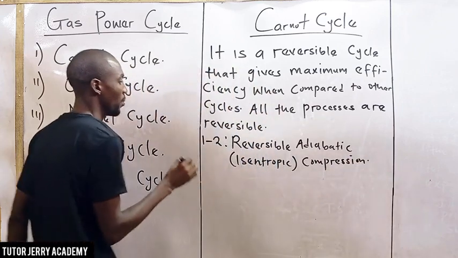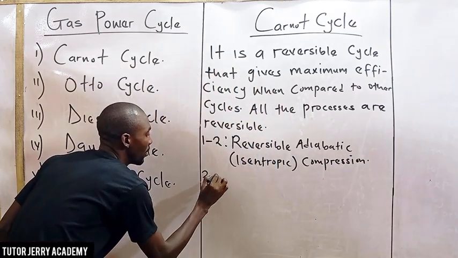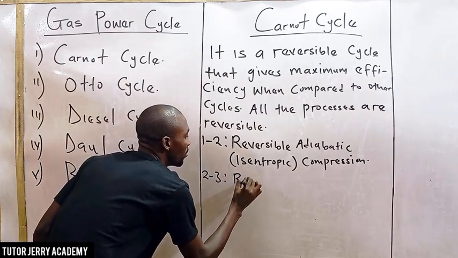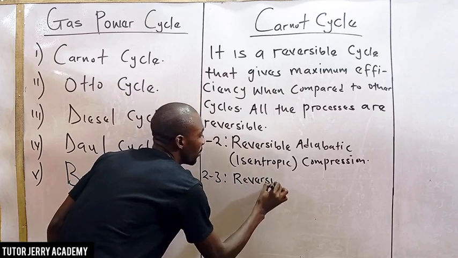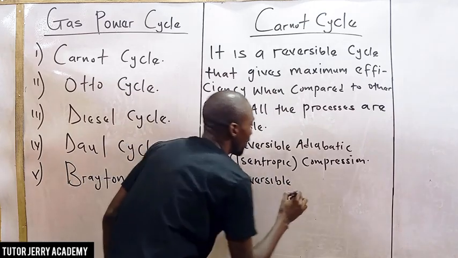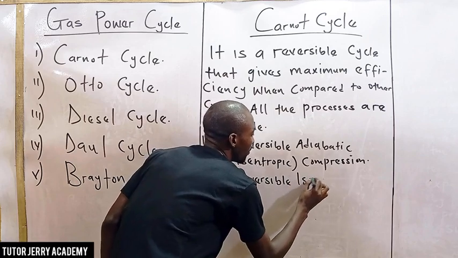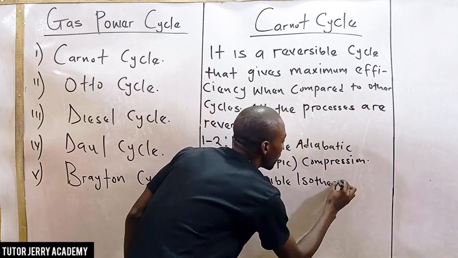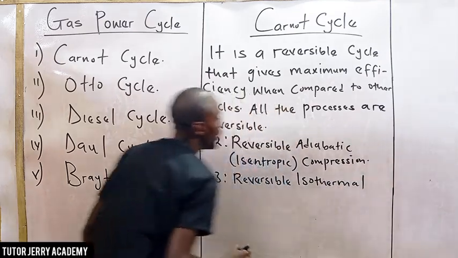All right. Process two to three is nothing but a reversible isothermal heat addition.